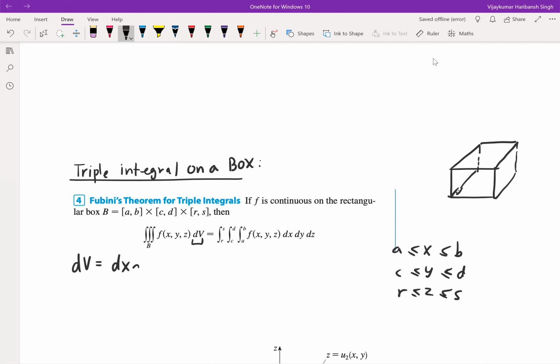It's dx dy dz, or it could be dy dz dx, and so on. You can think about it like three objects and three spaces. How many different ways can you arrange them? Six ways.